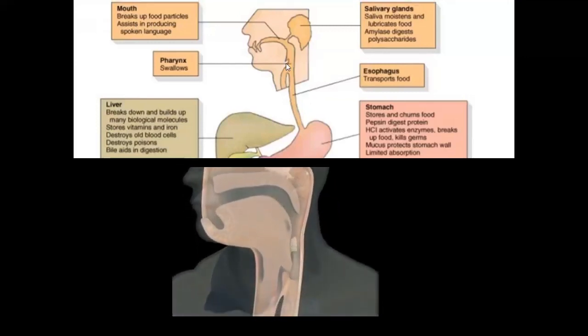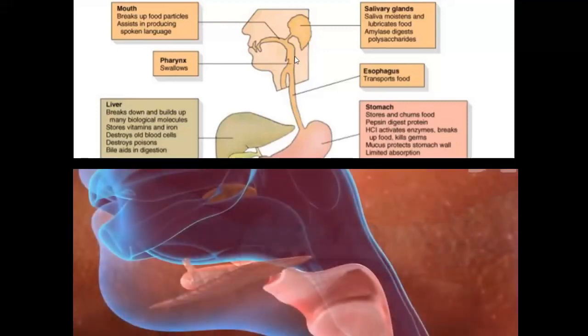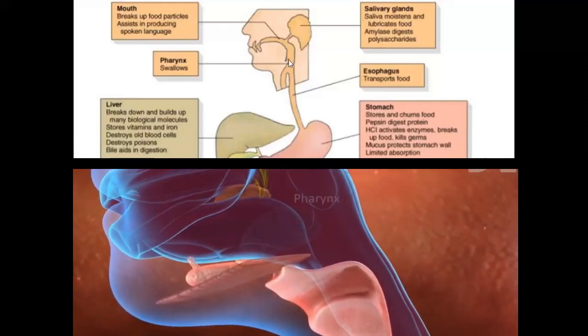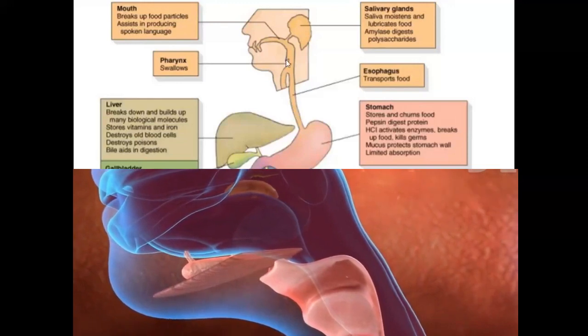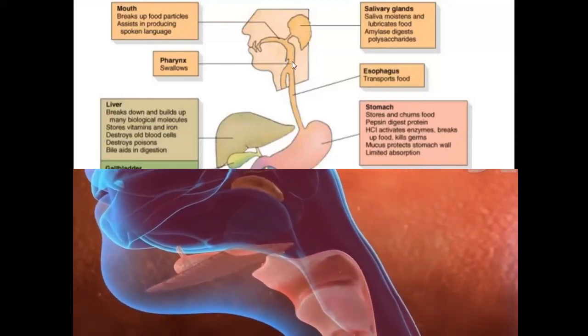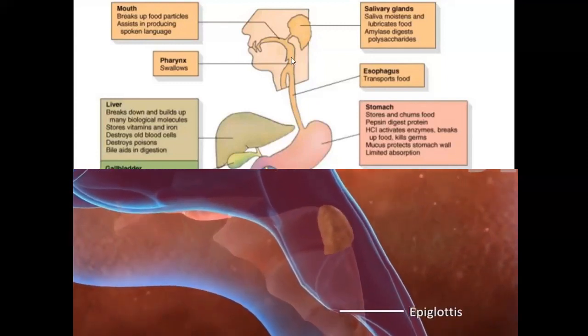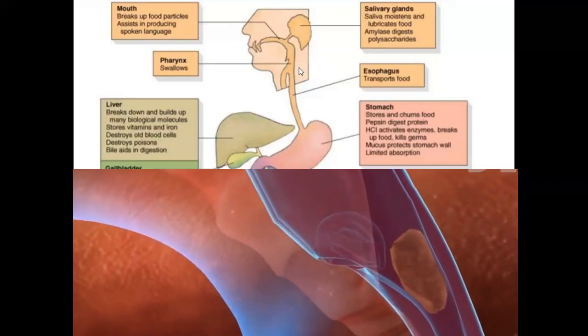It is because of this part. So this one closes when you breathe, and then you cannot breathe out or breathe in as you are swallowing at the same time. So it closes, then air goes this side. Then it opens, then this one closes, then food comes this side. And if by mistake you eat while talking, then if food goes this side, then automatically it's going to choke you.